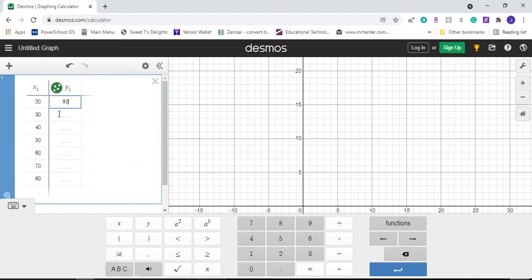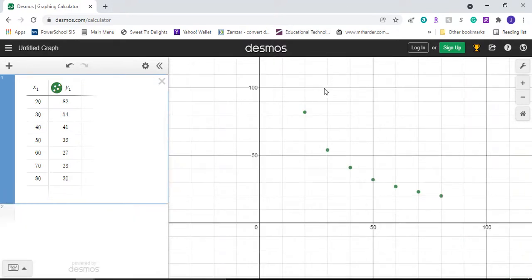And you have 20, 82, 30, 54, 40, 41, 50, 32, 60, 27, 70, 23, then 80, 20. Okay. Now we can click this zoom fit so we can see those points. So that would take care of 11A as far as drawing a sketch.